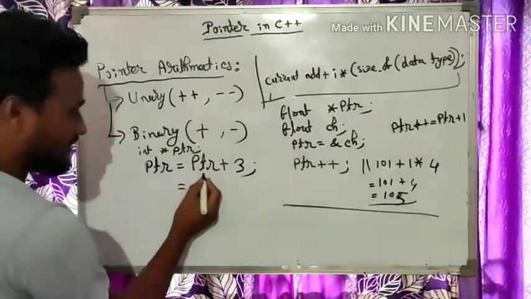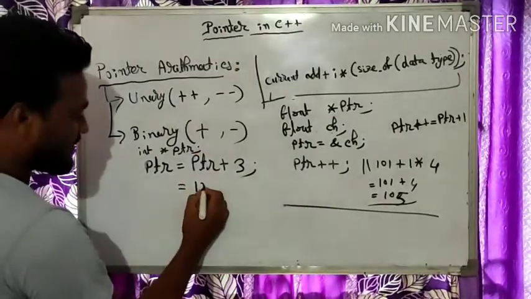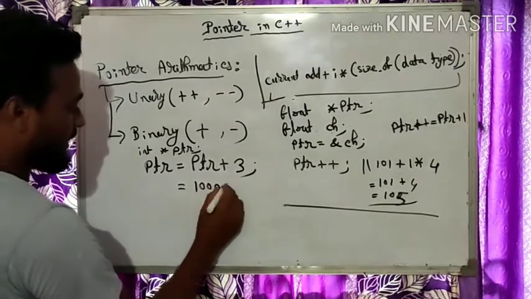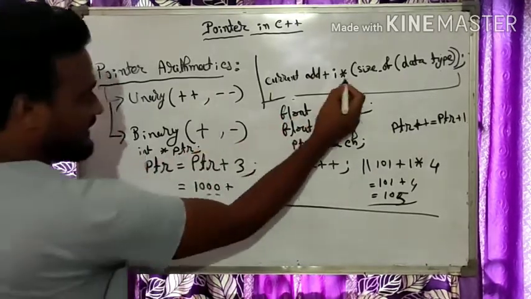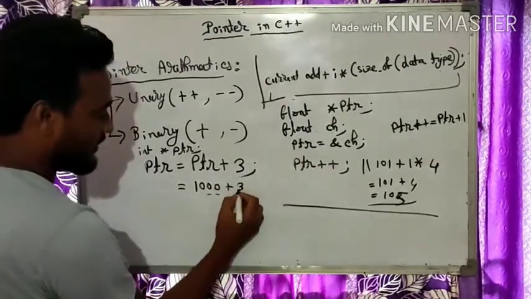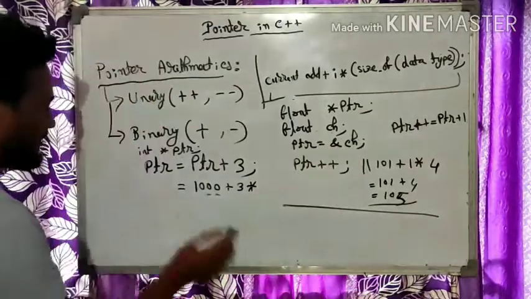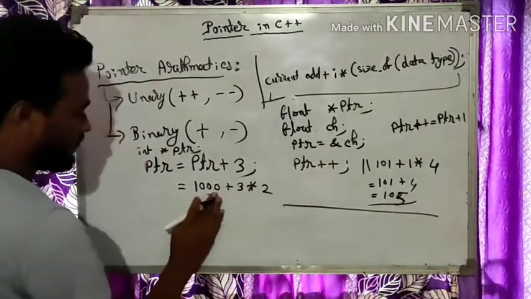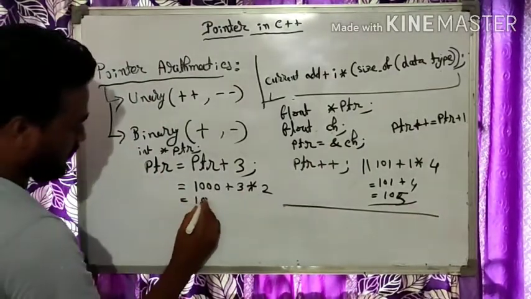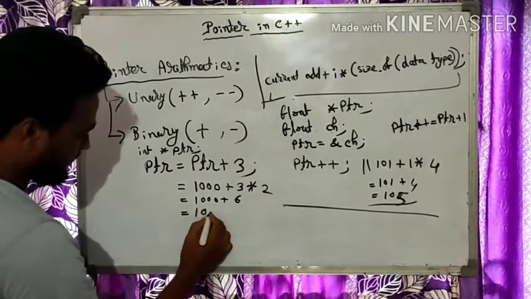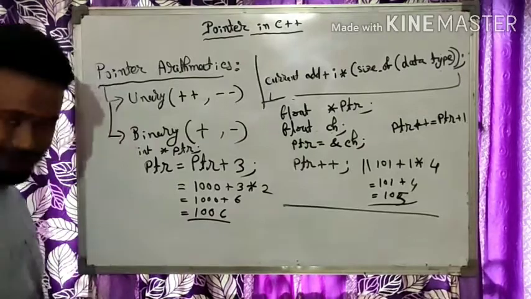So in this case, it will be incremented by what? Let's say here also the current memory address is 1000, plus the type is what? You can see here the I value is 3. So 3 into the size of the data type. So integer type is 2. So 1000 plus 6, so 1006.